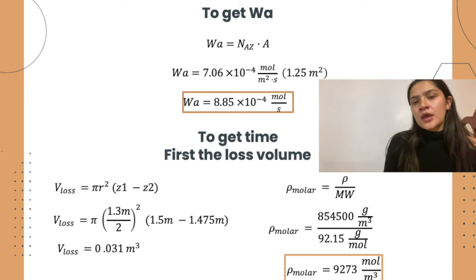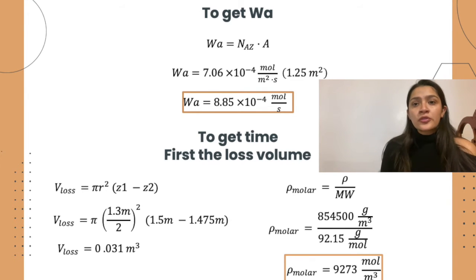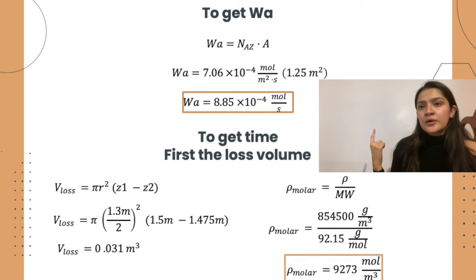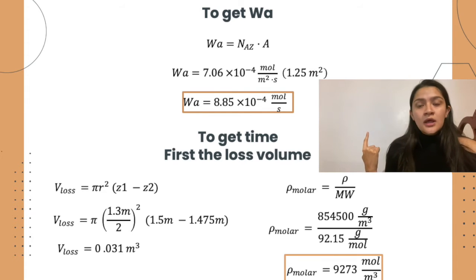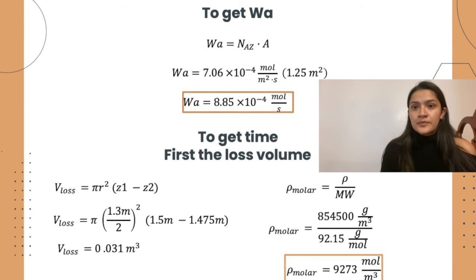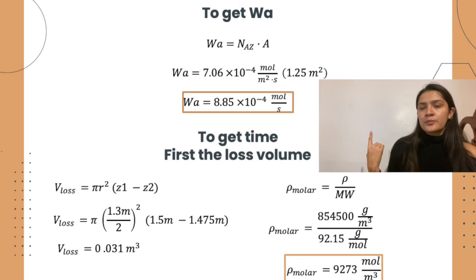Now we can start to calculate the time. First, we need to know the volume loss. Here I'm going to put the formulas, and we need to know the density, the molar density. And here I'm going to put the formulas again. Once you get these values, finally we can calculate the time.